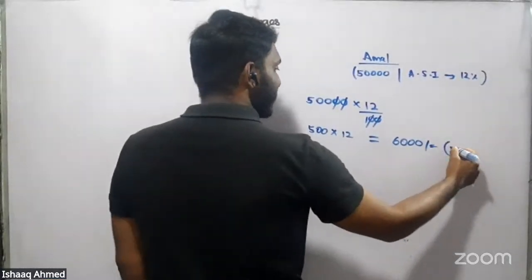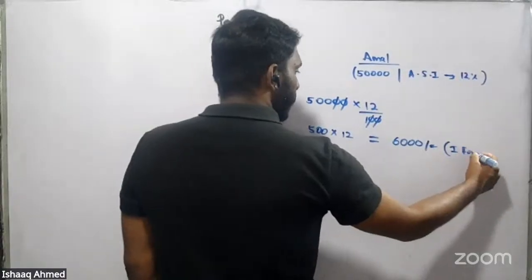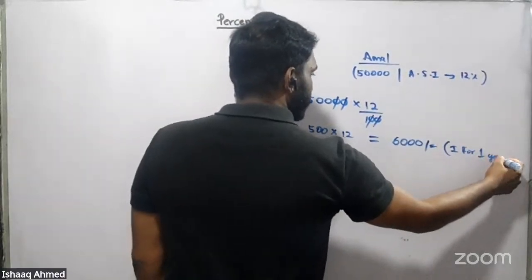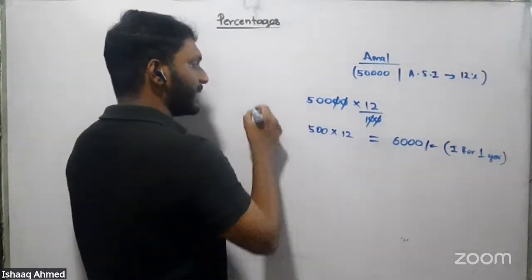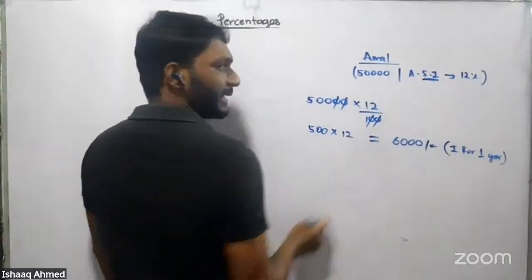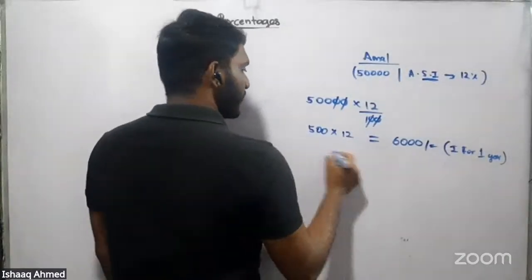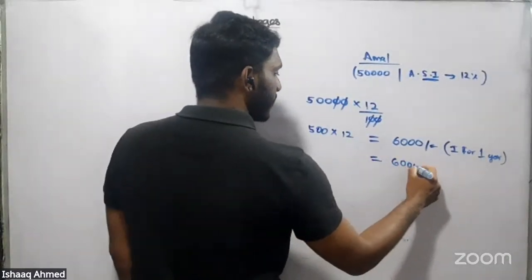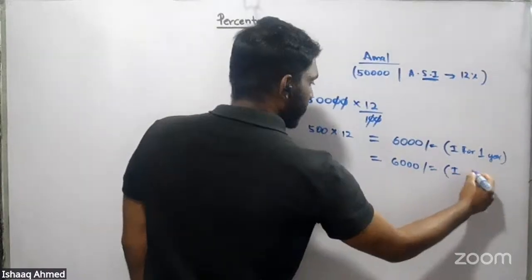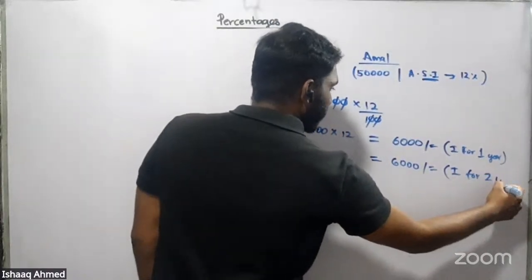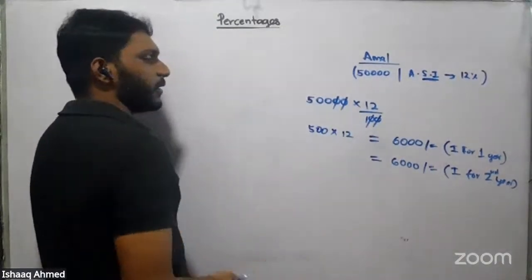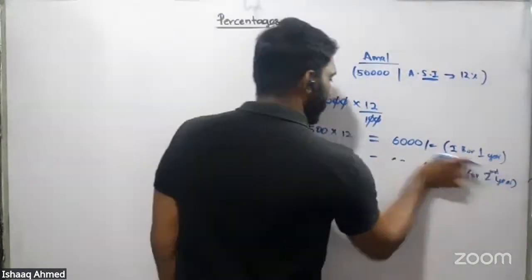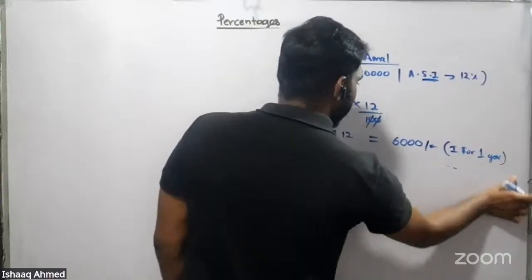So this is interest for 1 year. For the first year, 6,000. Simple interest, so interest won't change. So for the second year also another 6,000. So total interest for 2 years is how much? 6,000 into 2, 12,000.